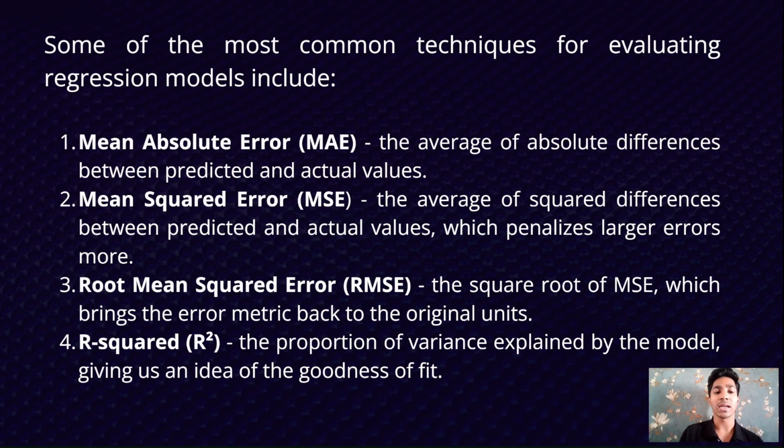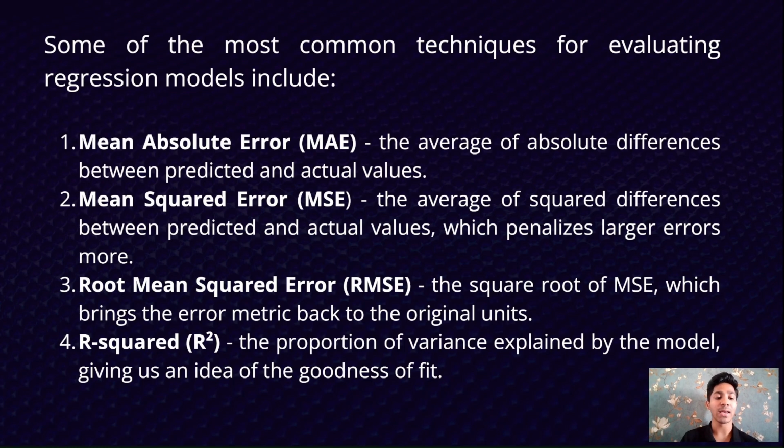There are certain common techniques for evaluating regression, which include mean absolute error. Mean absolute error is the average of absolute differences between predicted and actual values. Second, we have mean squared error. In this technique, the average of squared differences between predicted and actual values is taken, which penalizes large errors more.